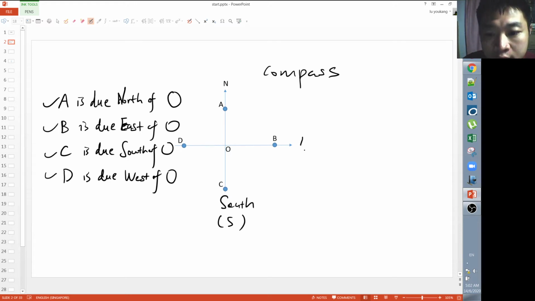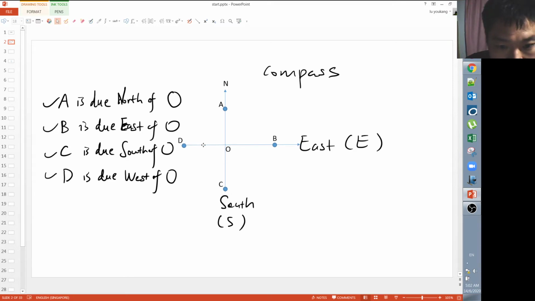Over here is your east, denoted by your capital E, and over here is your W. I can make this smaller. Move these points to here, and then move it to here. So this is your west, denoted by your capital W. This is how your compass and direction looks like.